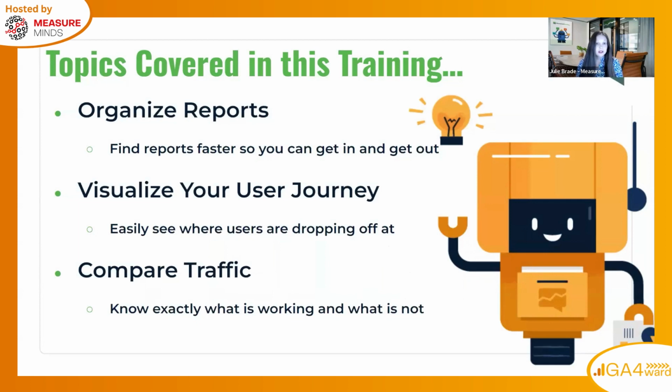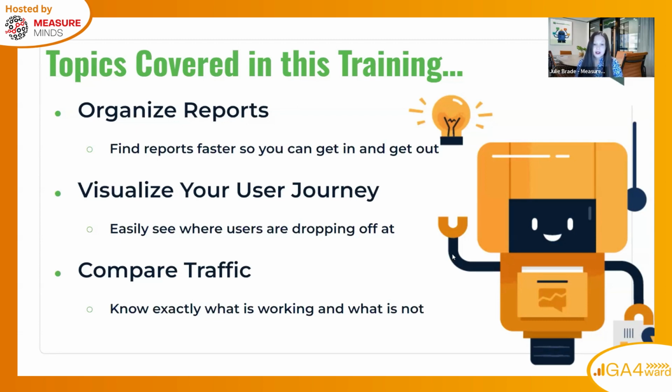And then you're going to learn how to compare traffic for that user journey so you can see which traffic is falling off at those points and which is not, so you can truly optimize those ads, those emails, all the things to get what you need out of those user journeys. Let's go ahead and get started with our very first hidden gem.